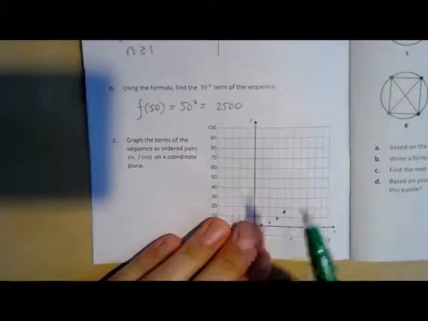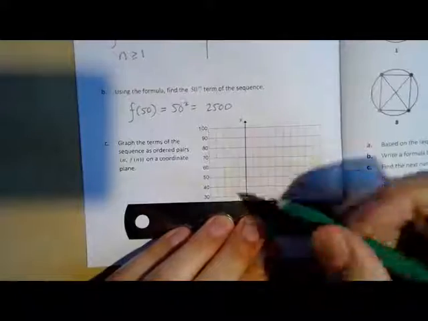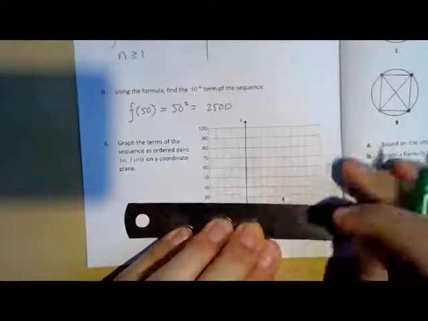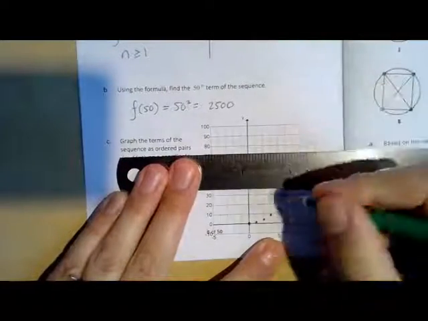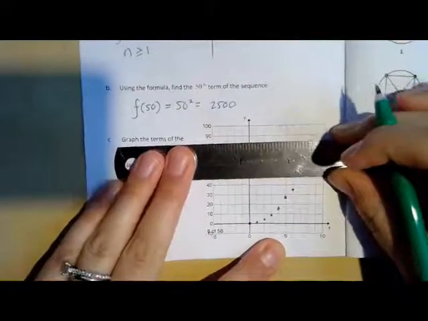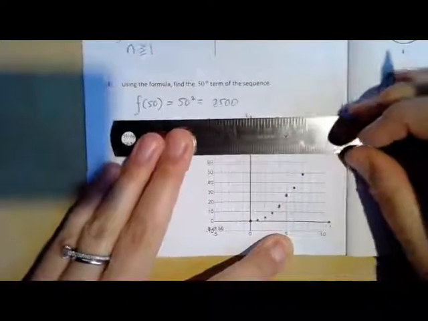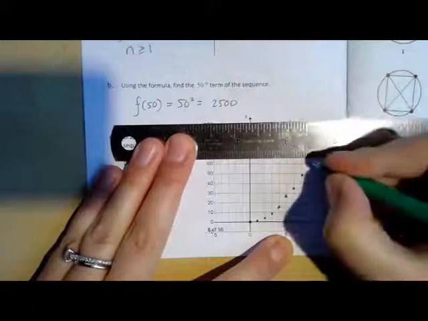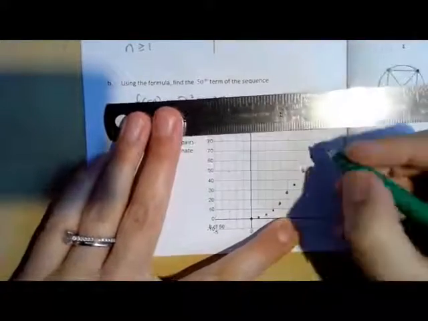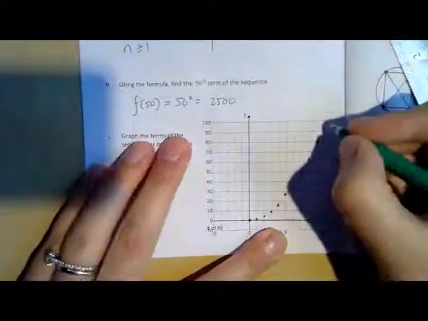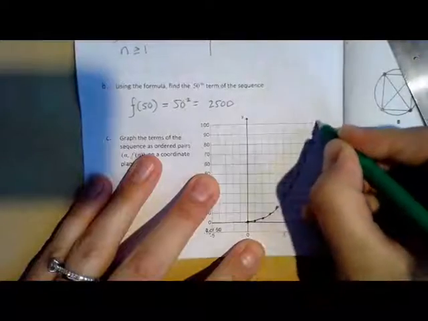So that's exactly between, and 6 squared is 36, so that would be about right here. 7 squared is 49, so that's just below here. 8 squared is just below the halfway mark. 9 squared is just above 81, and 10 squared is exactly 100. Does this look like a familiar shape? If you remember, this might be something we called a parabola back in Algebra 1.